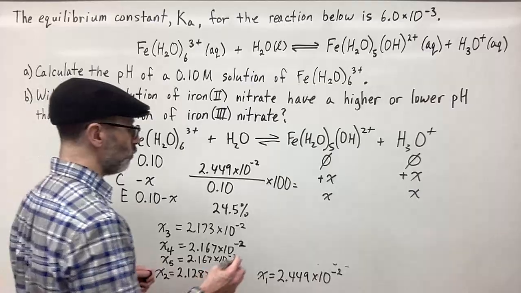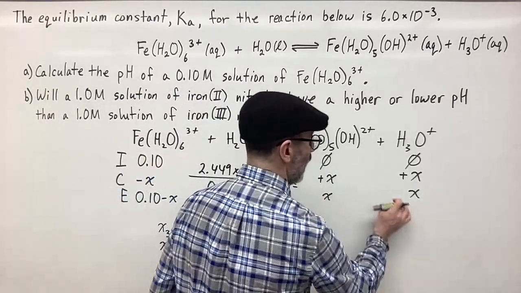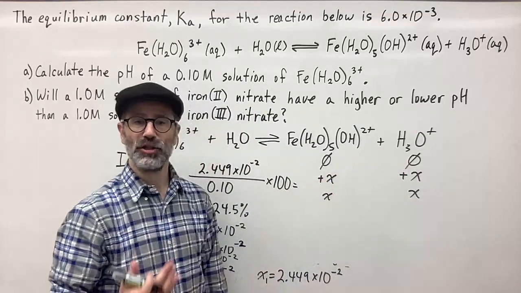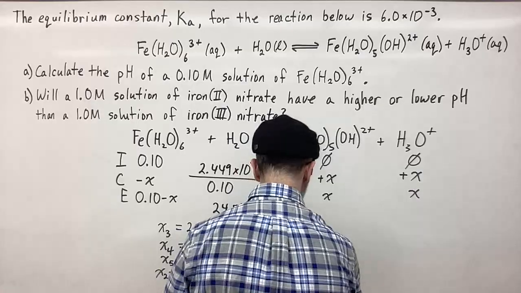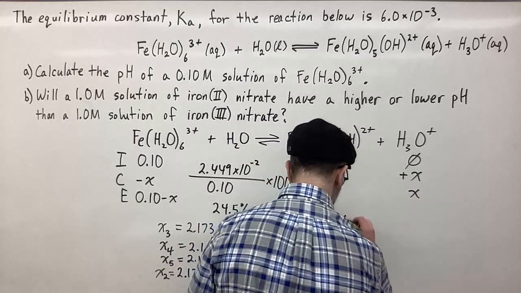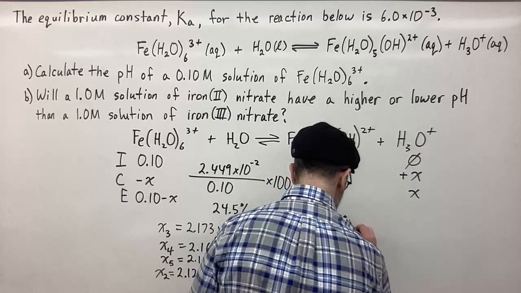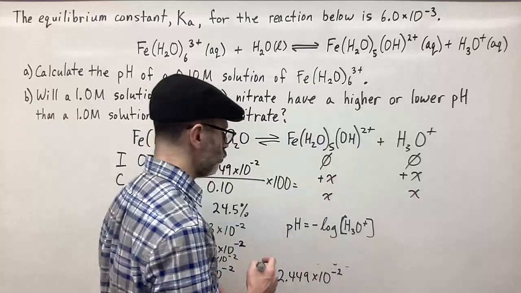And so now I can do the pH. Since x is the same as the hydronium ion concentration, remember that pH is equal to the negative log of the hydronium ion concentration, H3O plus, or H plus for short.